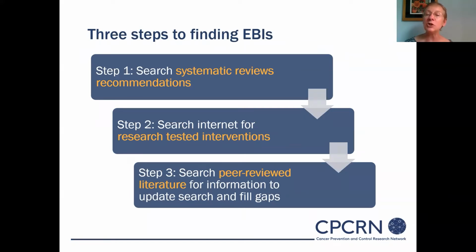And so we suggest that you start with the systematic review recommendations because they will provide you information broadly on the types of interventions that have evidence in support of them. Then search for and see if there is a research tested intervention that fits your need. And then finally go to the peer-reviewed literature if you need to find an intervention or to update your search and fill the gaps.